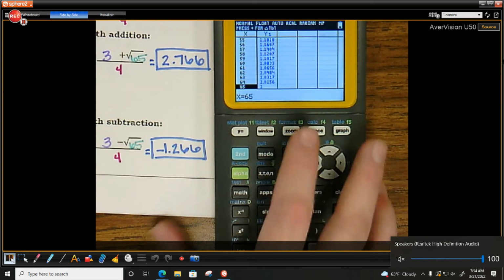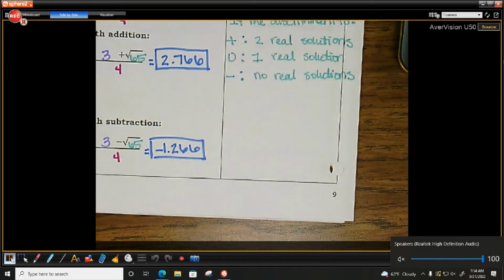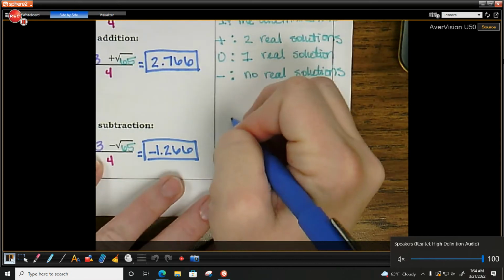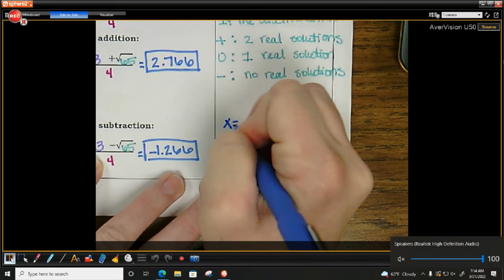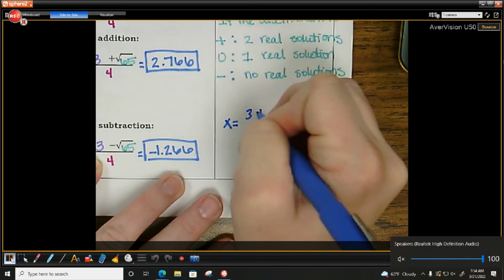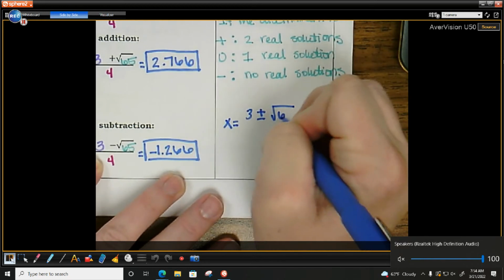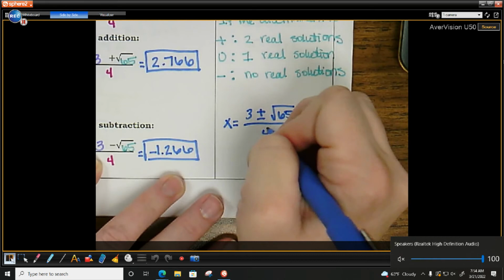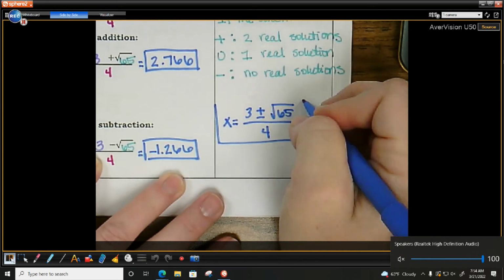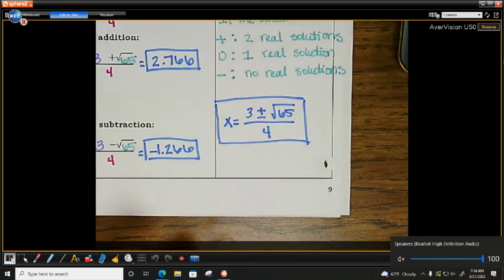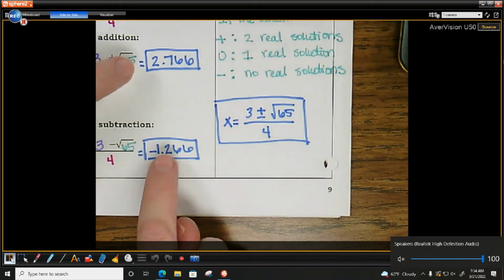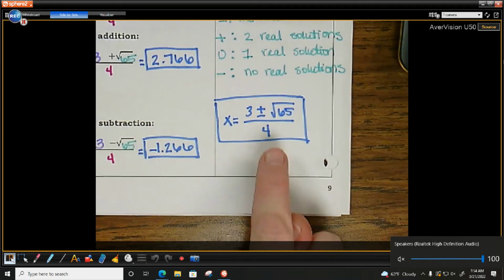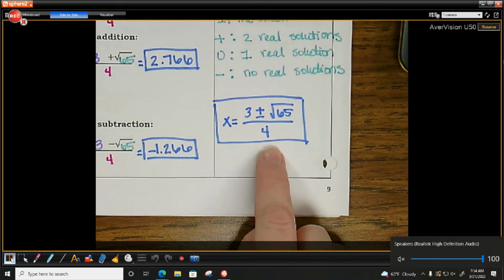So I could also write this as x equals 3 plus or minus the square root of 65 over 4. On your homework, it's going to ask for it like this, and it's going to ask for it like this. Okay, this is rounded decimal.